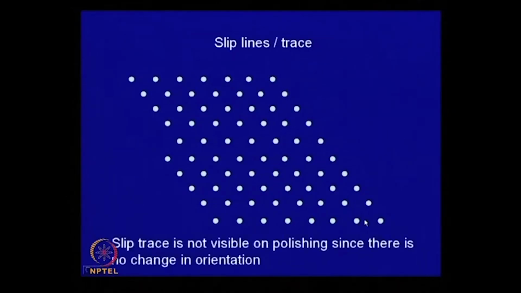So if you want to see slip traces, what do you have to do? You have to polish the sample, deform it, and then look under the microscope. In that case, you may be able to see lines along which permanent deformation has taken place.